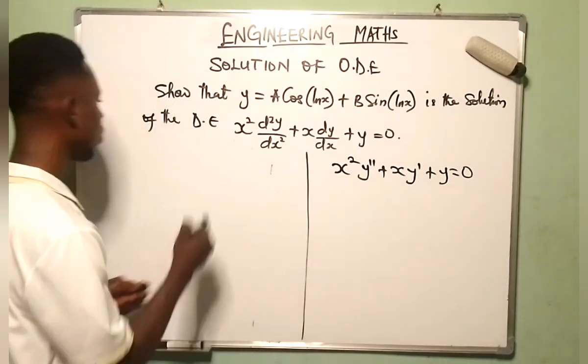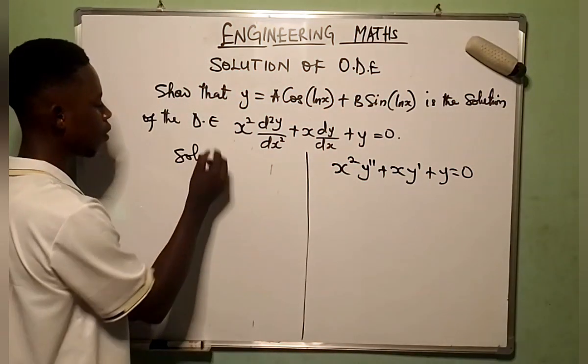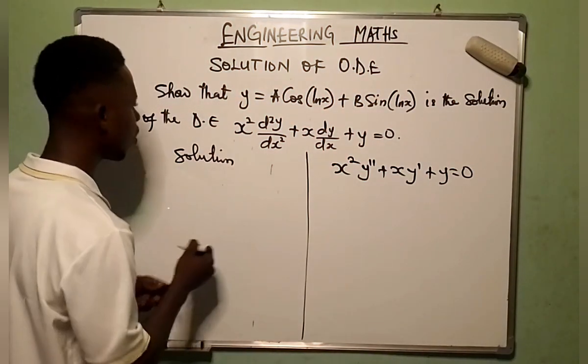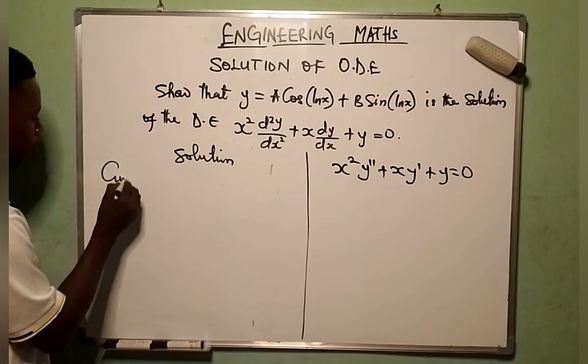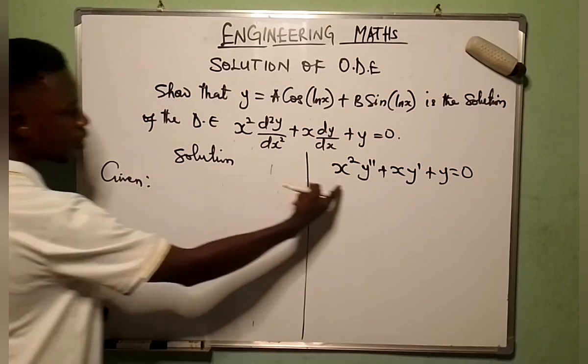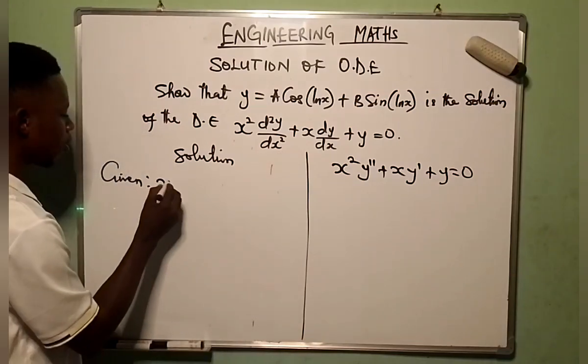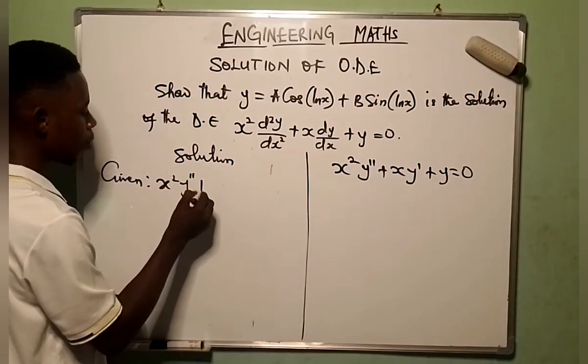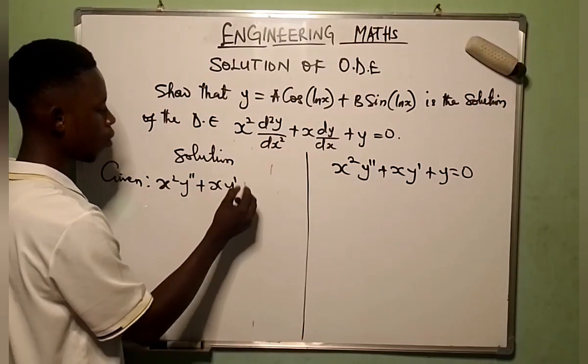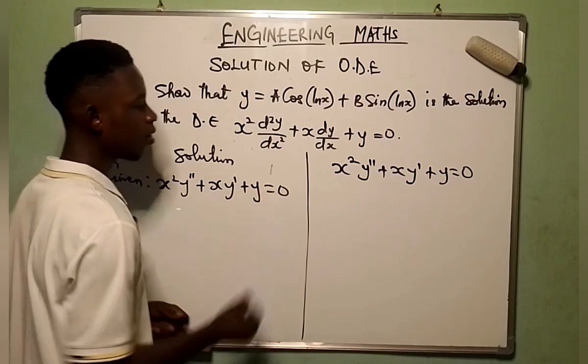Now, solution to this question, we have that, given x square y prime prime plus x y prime plus y equal to 0.